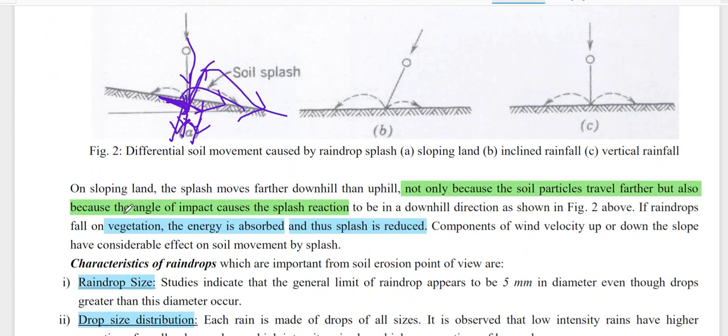this splashing. Okay, so if sloping land is there, then a splash moves further downhill than uphill. It will not go uphill; it will come downhill, more in the downhill direction.